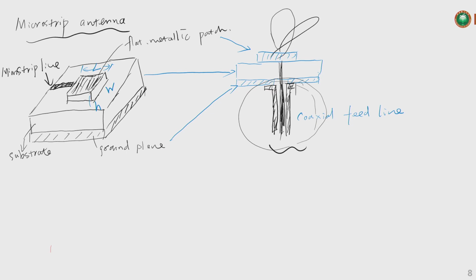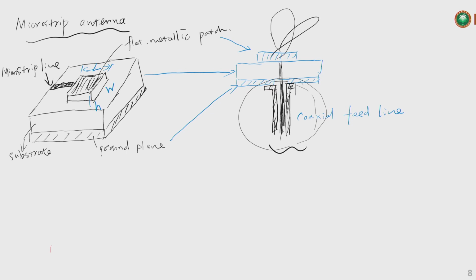And the advantages: first, as we said, it is commonly used in many mobile phones because of its high integration.